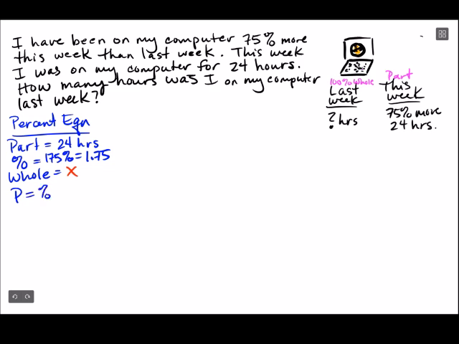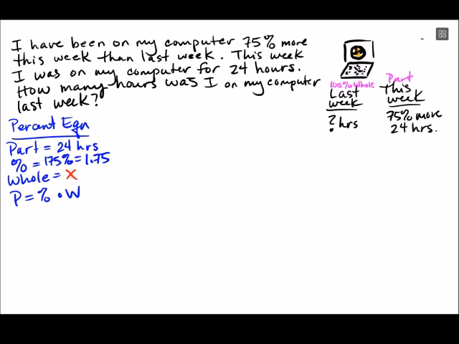So now I can write my equation. Part equals percent times whole. So I'm going to put in my numbers. 24 is my part, my percent is 1.75 times my whole, which I don't know, that's X. So now I solve my equation. How do I get X by itself?